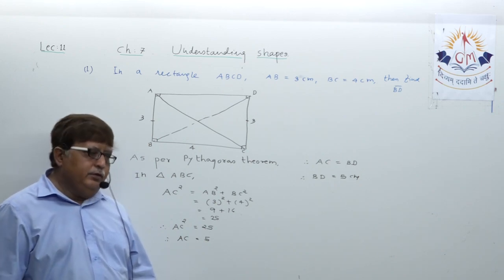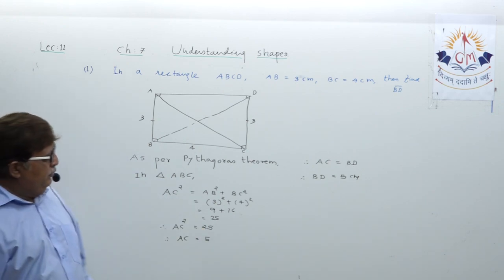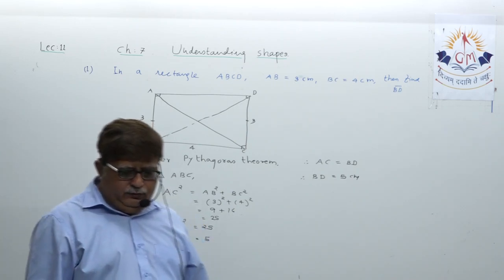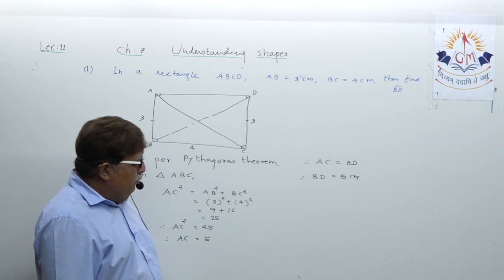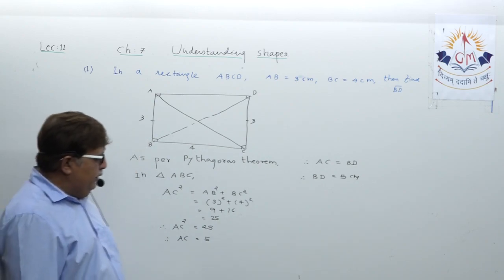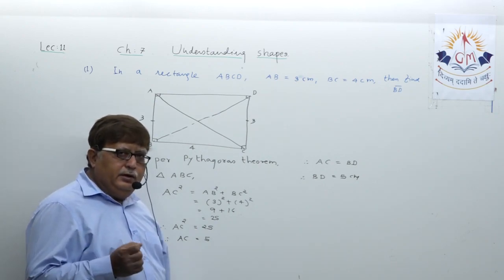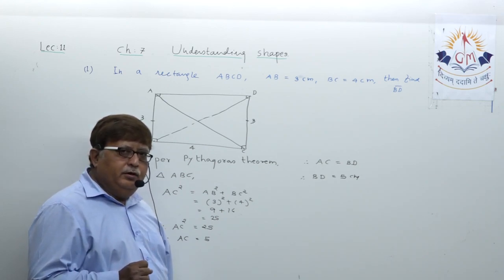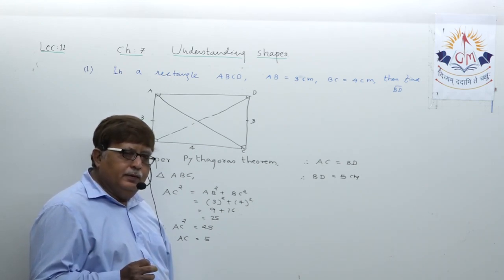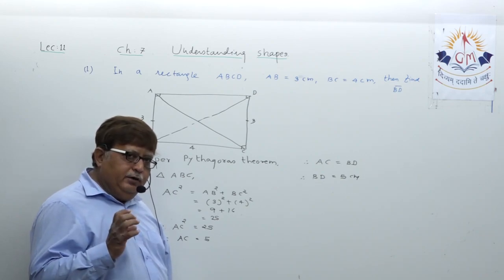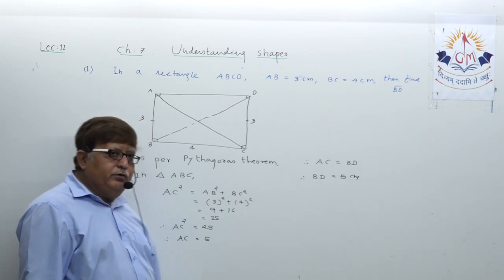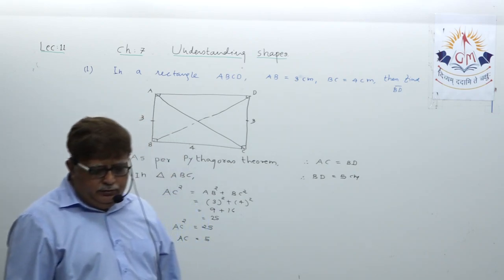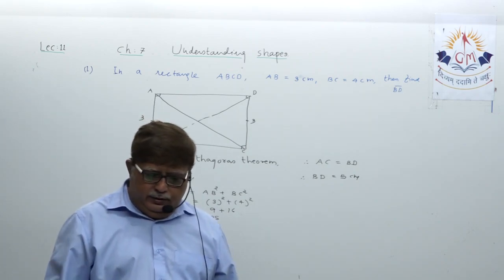You understood this? So this way, dear student, sometimes it is asked just to test whether you are clear about the properties of rectangle or not. Understood? So that way you have to be very sure when you solve any examples regarding a rectangle.